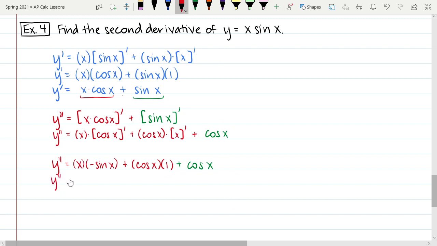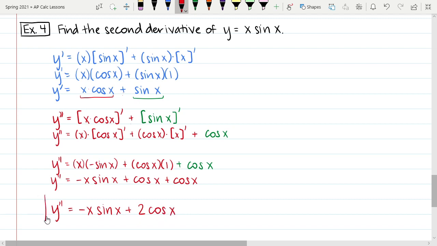So now I've got negative x sine of x plus a cosine of x plus another cosine of x, which hopefully we all recognize can finally be written as y double prime equals negative x times the sine of x plus 2 cosine of x. And that's our second derivative.